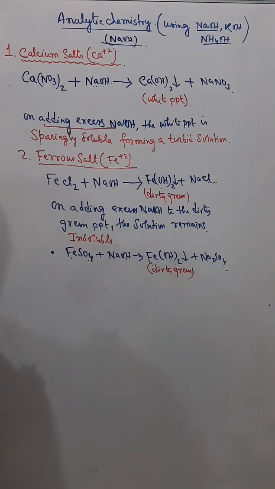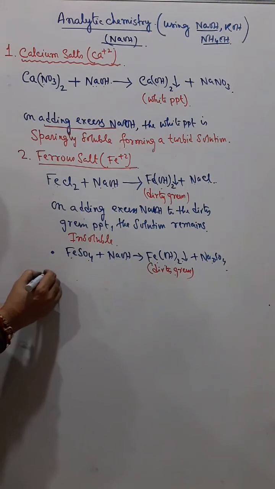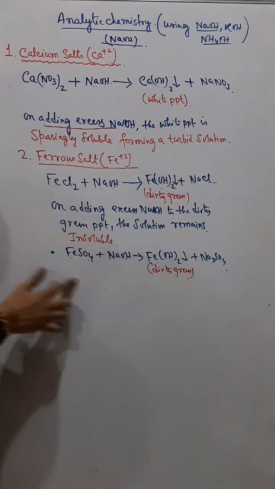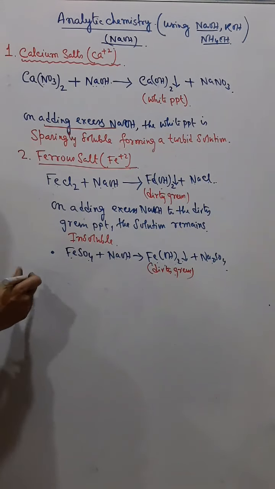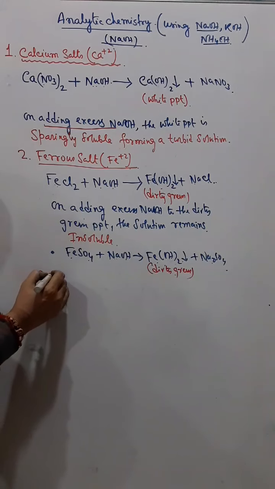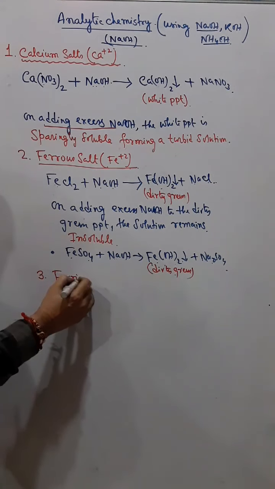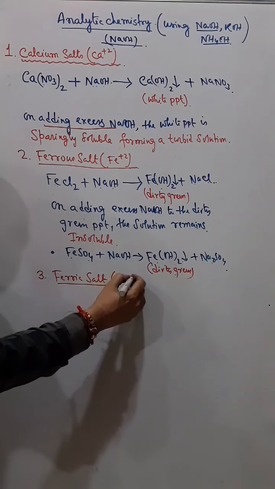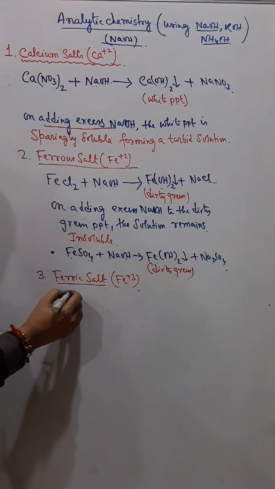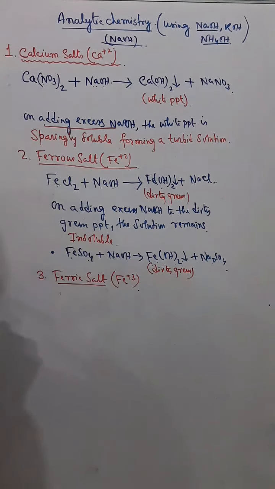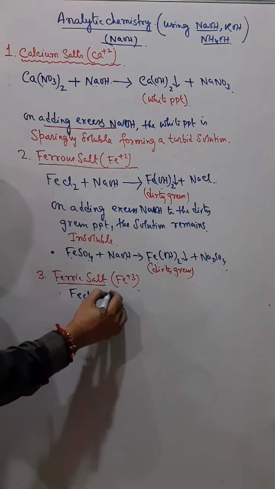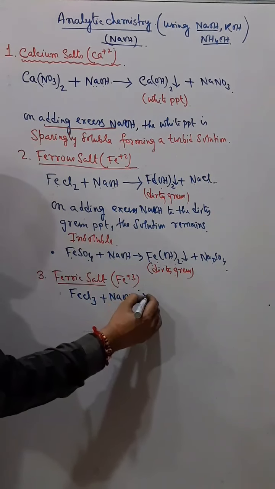Okay. Now next is ferric salt, that is Fe plus 3. Now suppose we take ferric chloride, FeCl3, plus NaOH.